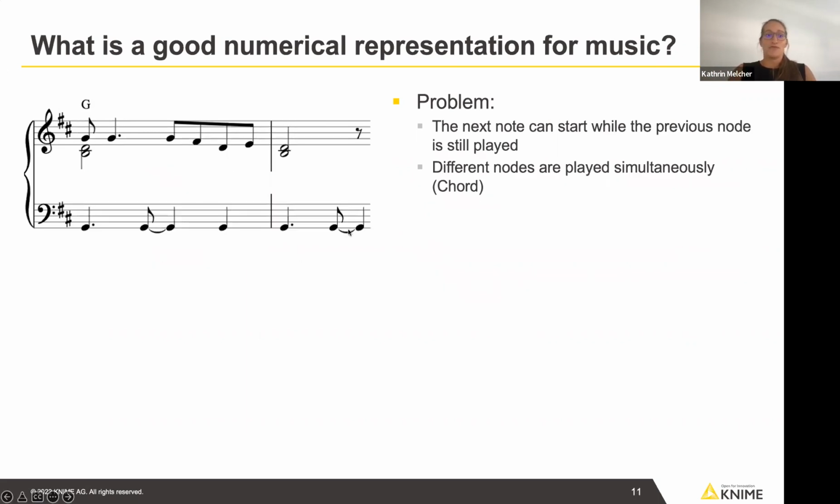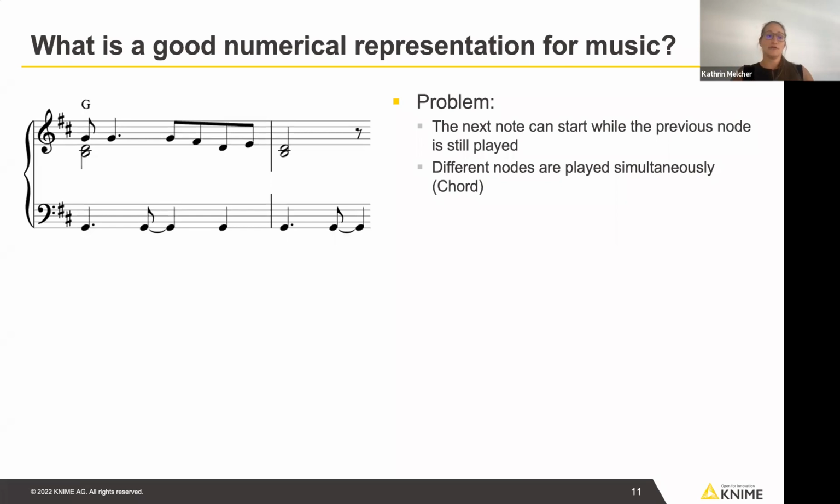If we look at the full piece of music sheet that I showed in the beginning, we see one more problem. Because at the moment, we would just encode one note after the other. But if we look at this music sheet, we see that sometimes there are also multiple notes played at the same time. We then call it a chord. For example, here in the beginning, I see all these 4 notes should be placed at the same time.